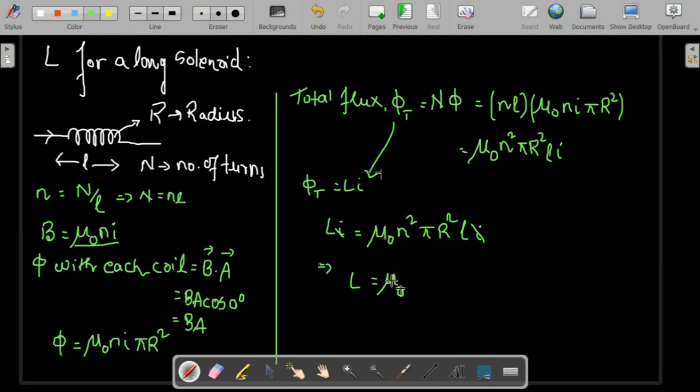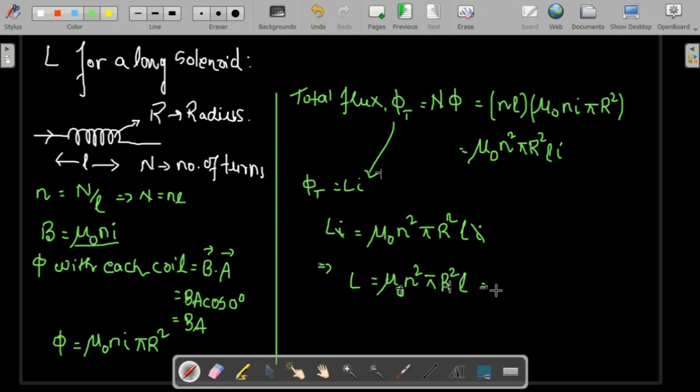It depends on the permeability of free space, which is a constant. It depends on the number of turns per unit length, squared. It depends on the radius of the coil, and of course it depends on the length of the coil. We can write it in a different form as well. We can take this n square as N square by L square.